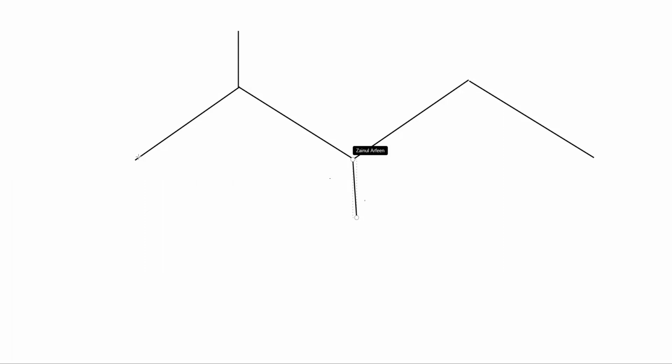That's correct. 2, 3 dimethyl pentane, because second position we have branch, third position we have branch, and two identical are there, so that's why dimethyl. Pent, because 1, 2, 3, 4, 5 carbon.